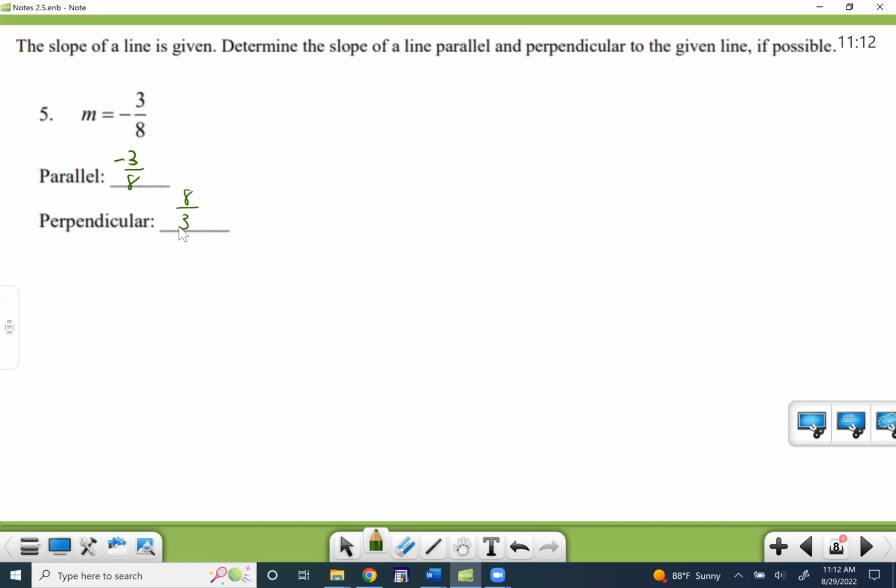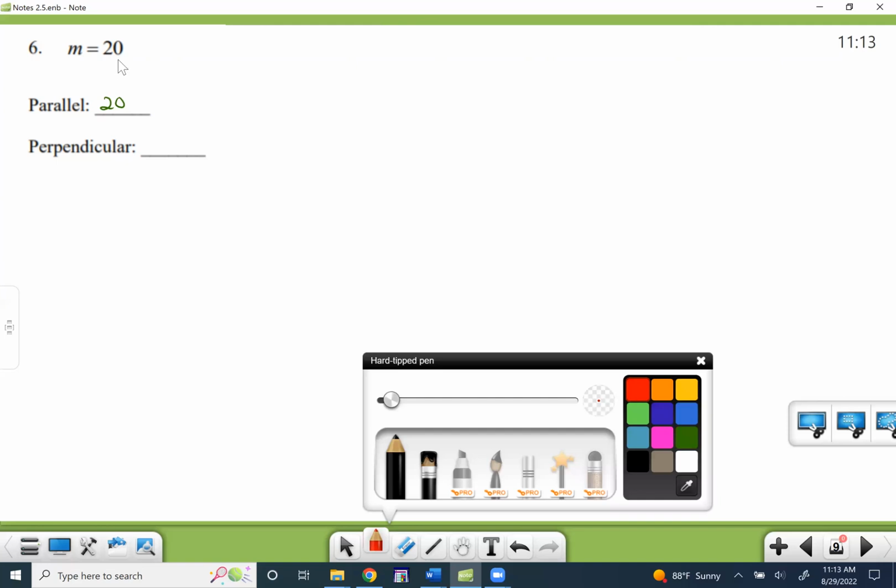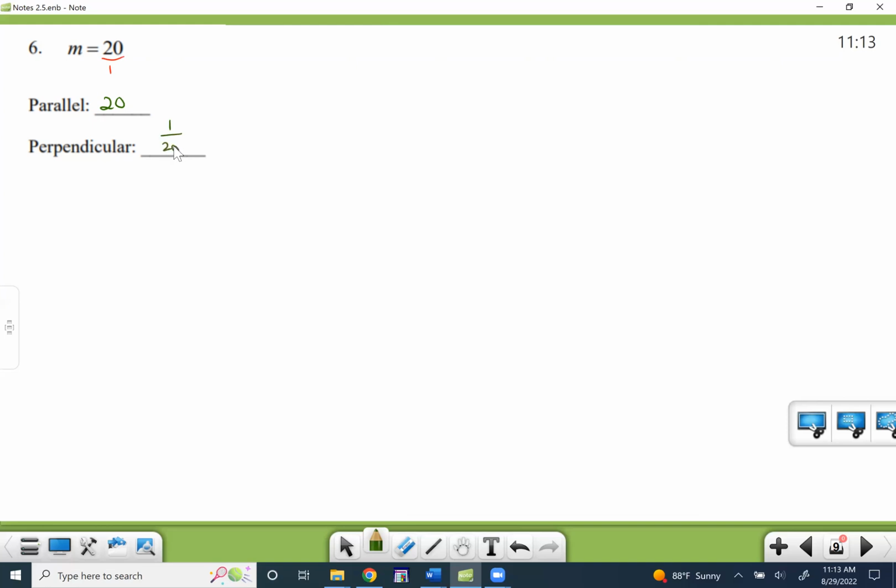Instead of negative 3/8, it's going to be positive 8/3. Nice and easy. Give me a bunch of these, right? All right, parallel's the same. So 20 and 20. Perpendicular, you have to flip it. So remember, underneath every number, there is a 1. So when I flip this, it's going to become 1/20, but I also have to change the sign, so it'll be negative.